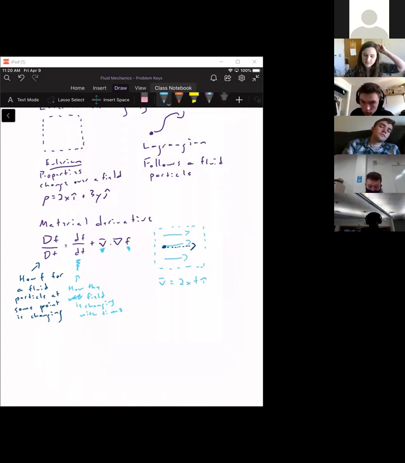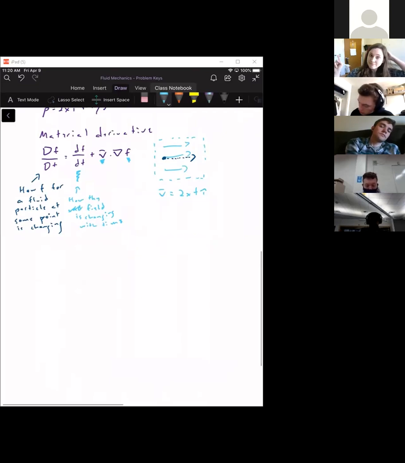Okay, thank you. So is one way of looking at this a way to convert between Eulerian and Lagrangian points of view? It is. And a reason we would want to do that is because a lot of the physics formulas we have learned throughout our life were for an amount of mass.